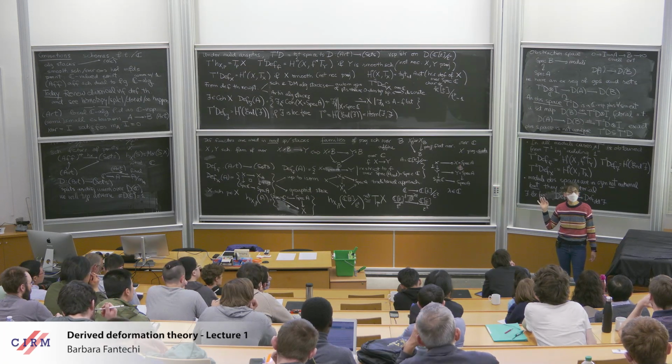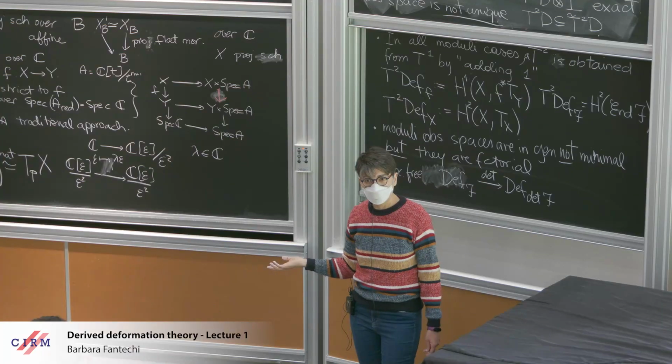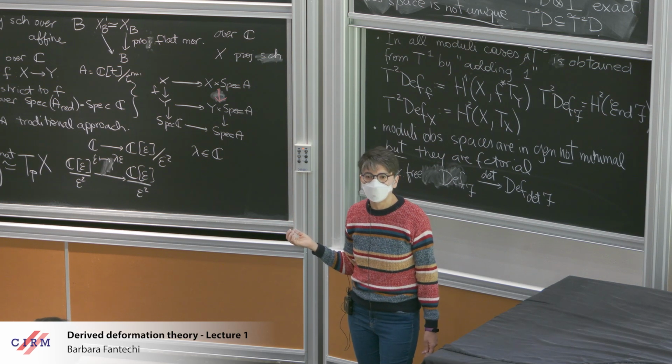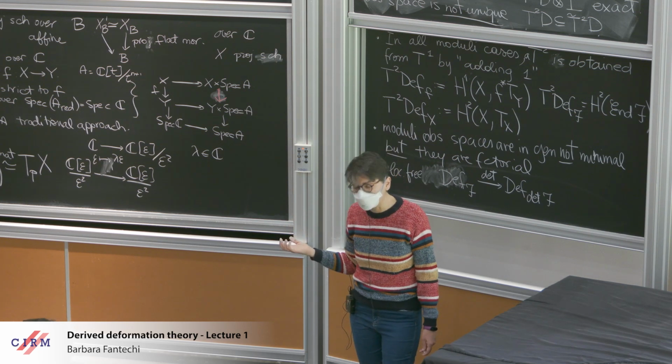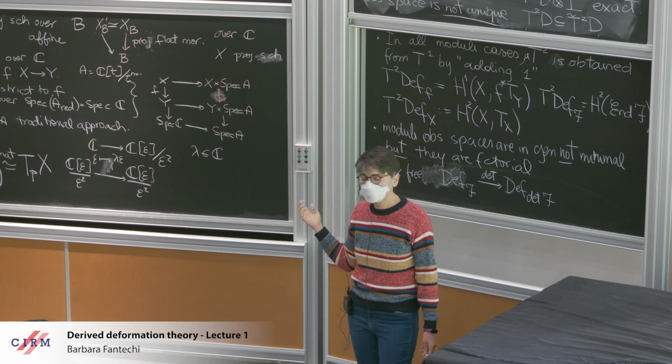Then you take the determinant, you get an element in H2 of O, because the endomorphism of a line bundle is O. But for a line bundle, you know that the Picard group is non-singular, and so this obstruction doesn't do anything.